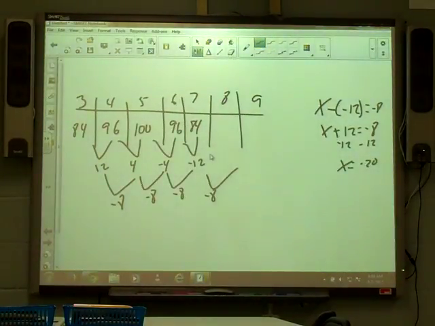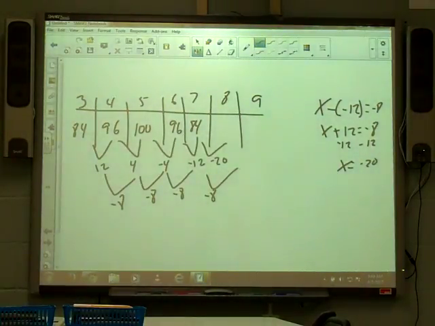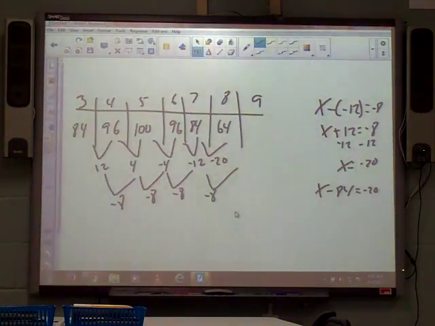So I need this to have a difference of negative 20. So now I got to do that again. What minus 84 equals negative 20? So what will the number be in that space? What minus 84 equals negative 20? 64. Okay?